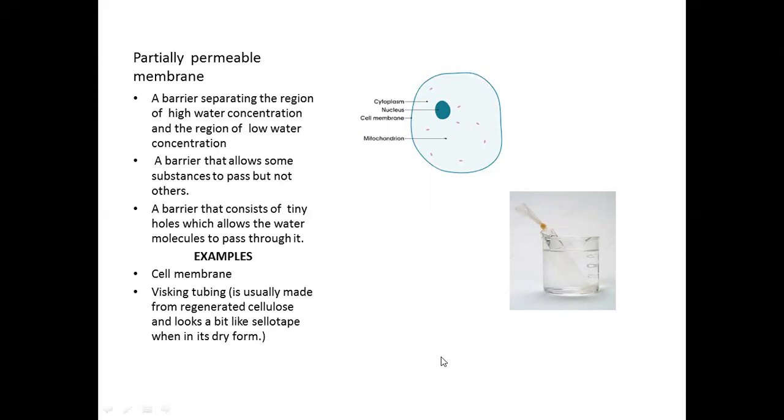Similarly, when we spray a perfume, the smell of the perfume reaches us in the absence of a membrane. But when oxygen diffuses inside a cell and carbon dioxide diffuses outside the cell, this diffusion takes place through the cell membrane. So there the membrane is present.